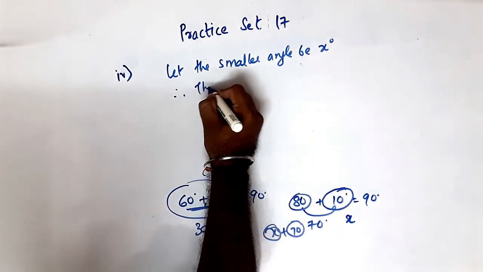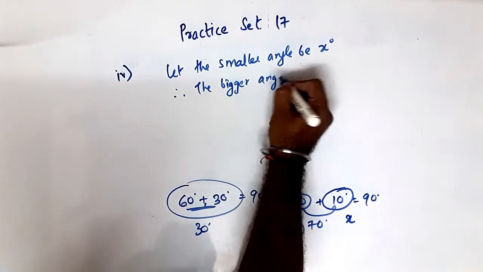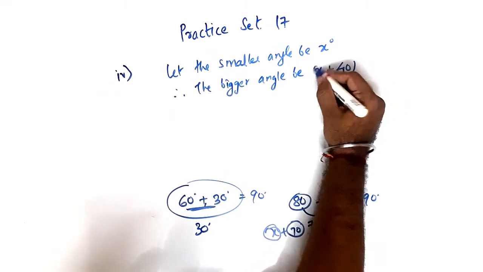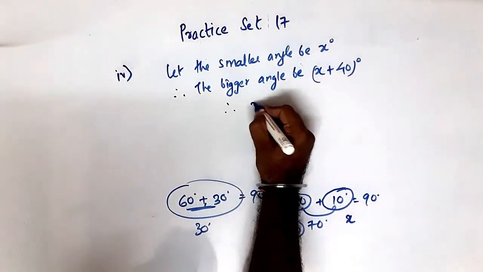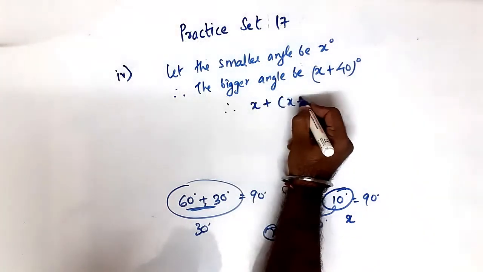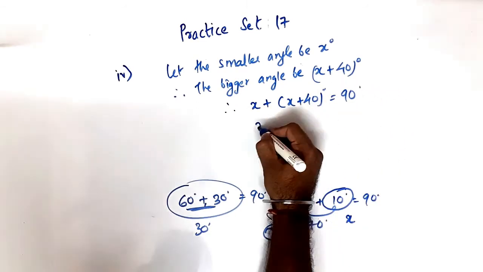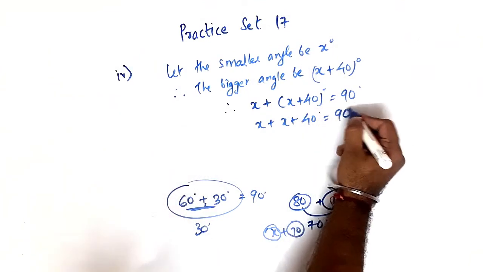Therefore the bigger angle, you know the difference is 40 degrees, so the bigger angle will be 40 more, so it will be x plus 40 degrees. You know both are complementary angles, so I'll write x plus x plus 40 degrees is equal to 90 degrees.